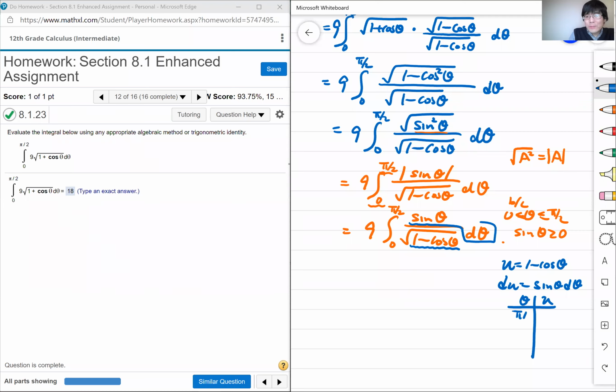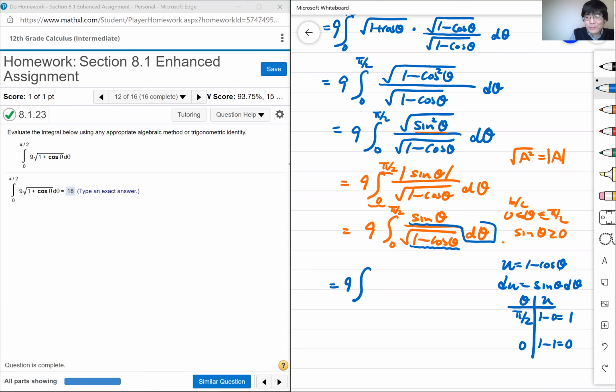Now the theta is between 0 through pi over 2. When theta is equal to pi over 2, cosine pi over 2 is equal to 0. So u is 1 minus 0, which is 1. When theta is 0, cosine 0 is equal to 1. So u is 1 minus 1, that is 0.